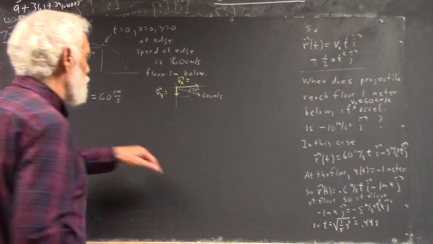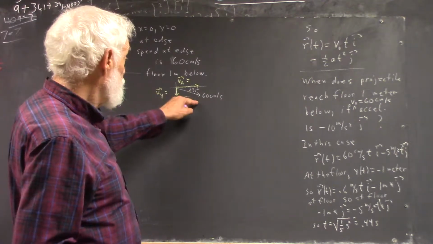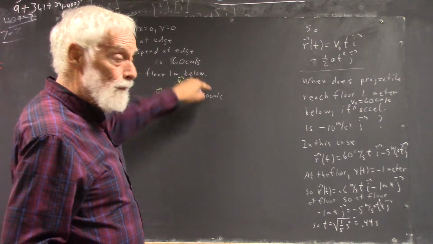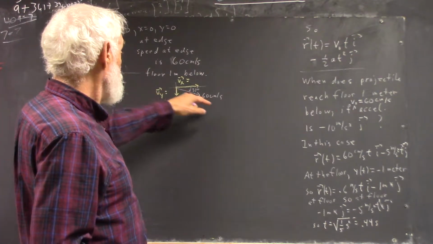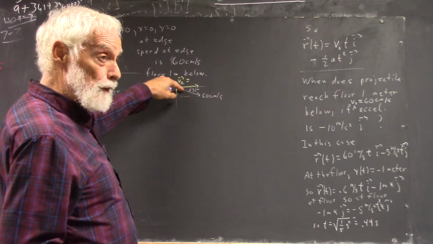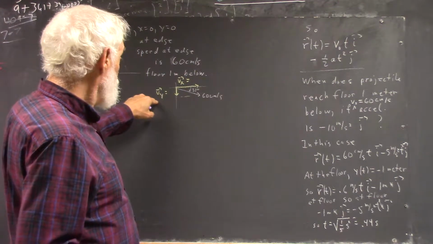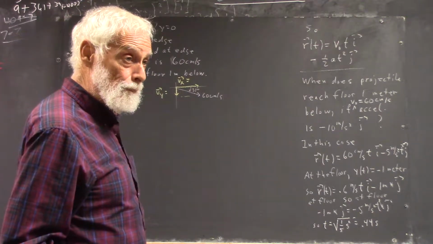And we can just use right angle trigonometry. 60 centimeters per second times the cosine of 37 degrees is going to give us Vx. And then you might write down 60 centimeters per second times the sine of 37 degrees equals Vy. Well, you could do that, but you'd have to also remember that Vy is in the negative direction, right?